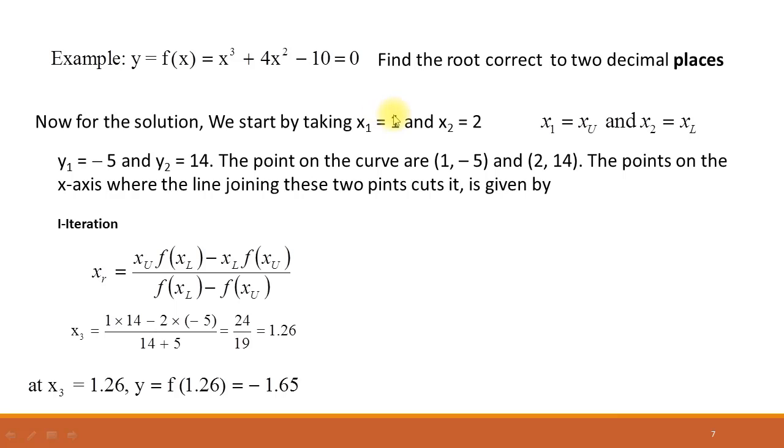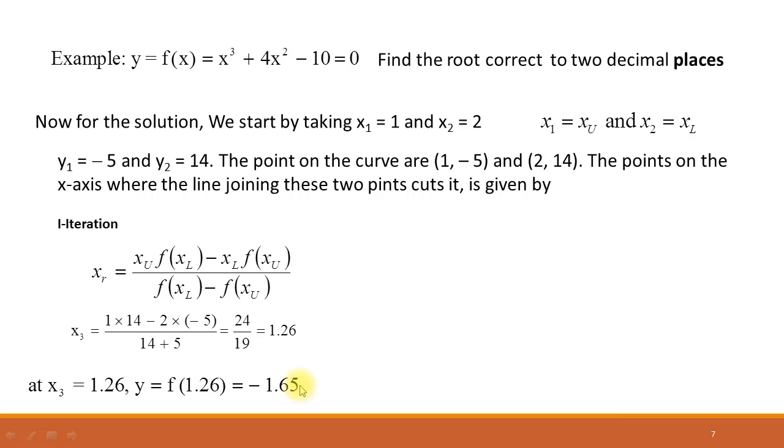This is xu, this is xl, and x3 represents xr. Note that the function has minus 5 at xu, plus 14 at xl, and a negative sign at x3.